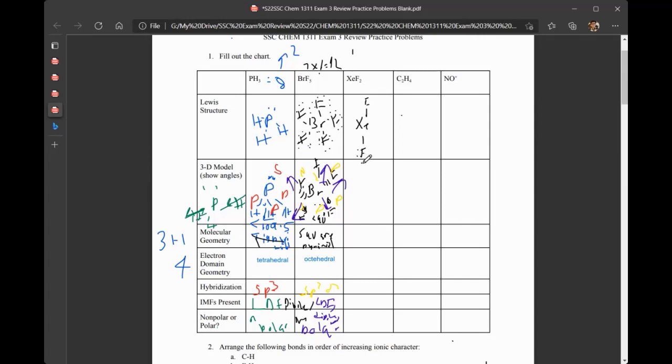We label them here, here, and then here, and then here, here, and here. So we have 3 lone pairs, and 2 and 2 for the shared atoms. If we draw the shape, it looks like this.